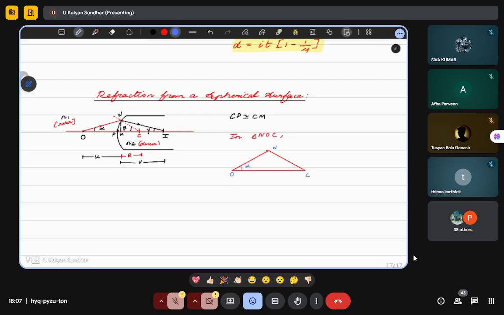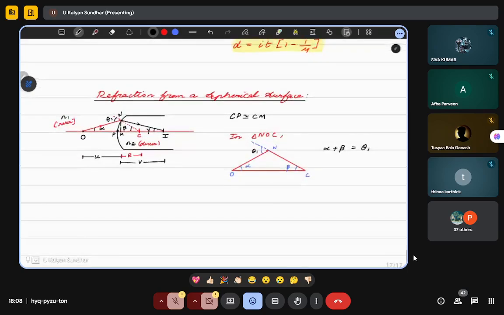This is your alpha, and this is your beta. Now extend the line. This is going to be your exterior angle, that is nothing but the angle of incidence. I take it as theta 1. So the sum of interior angles will be equal to the exterior angle. So I can write alpha plus beta is equal to theta 1. Let it be the first triangle.